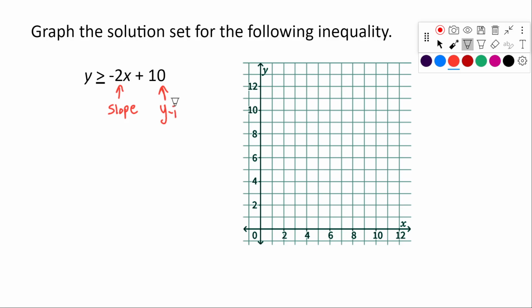So just like if you were graphing a line, start by plotting the y-intercept, and then apply your slope to get additional points. So this is a negative 2. That means we want to go down 2 and then to the right 1. And we can keep doing this.